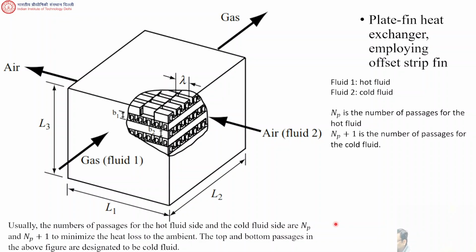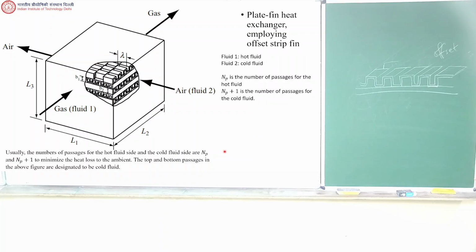What is the purpose? Why do we flow the cold fluid at the boundary? Yes, if you use a hot fluid at the top layer, then it will lose heat to the surroundings. Then you are losing heat. The whole business of this heat exchange process is trying to capture that heat and use it for our own purpose, right? So maybe we're trying to heat the air using some flue gases. There's some combustion taking place somewhere.